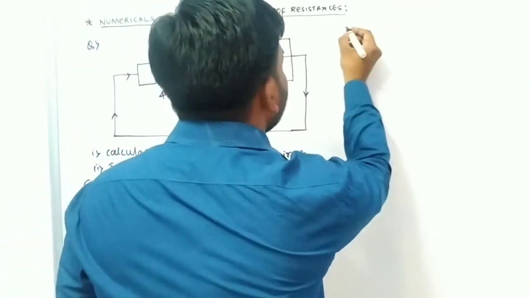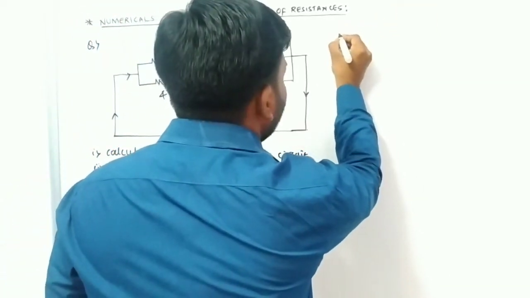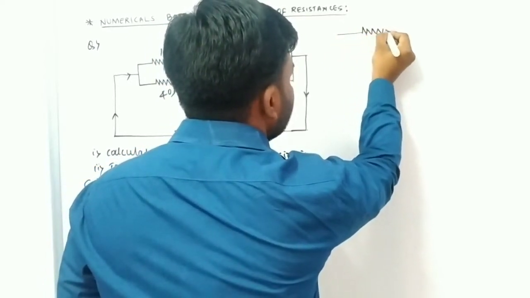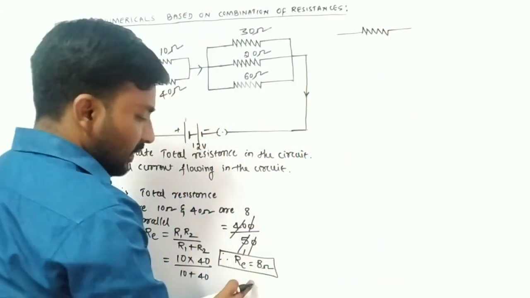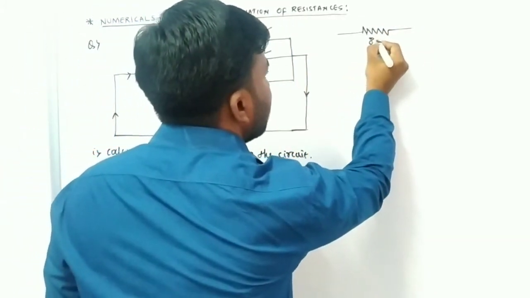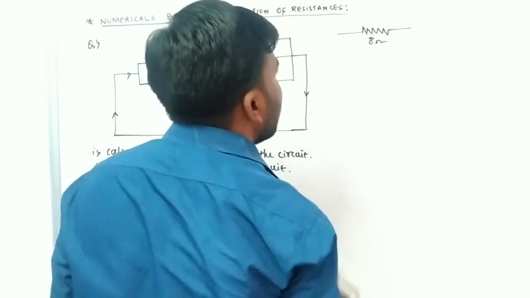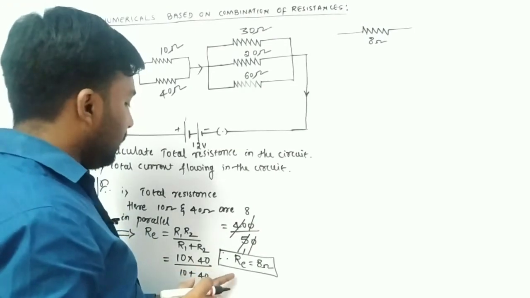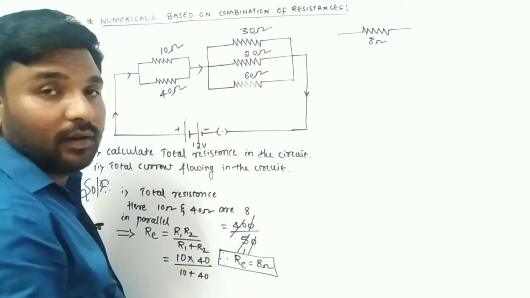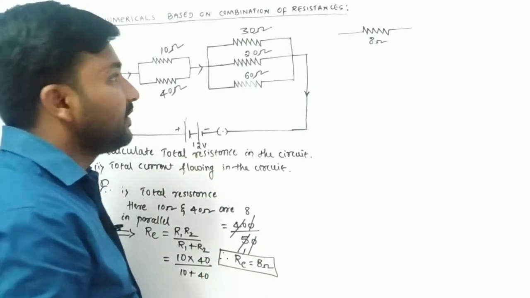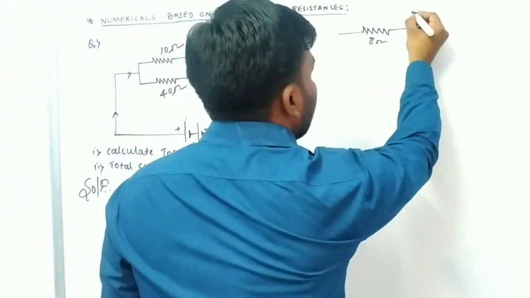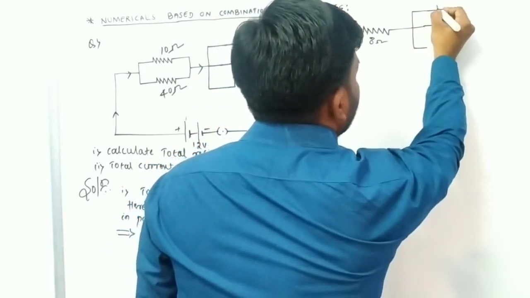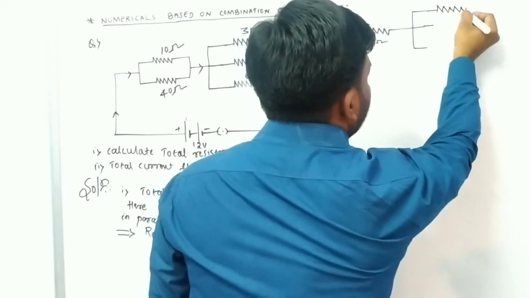Now here we have a single resistance which is 8 ohm, and these all are in parallel combination.